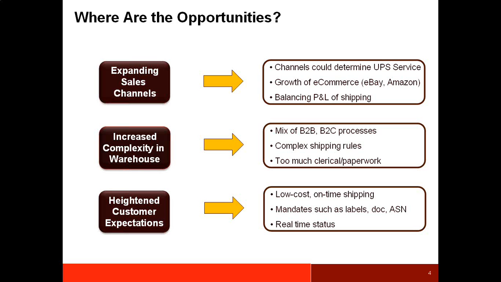They want them as inexpensively as possible, and they want to know where they are. And again, those demands are often placed on the staff in the warehouse. And that may even be your sales teams, e-commerce teams that may be demanding better visibility into the shipping process. And so to me, that's an opportunity for improving your operations, keeping costs low through the use of some technology that we'll show you today.